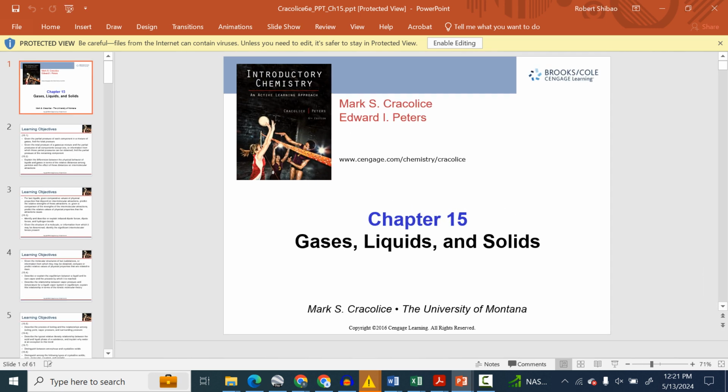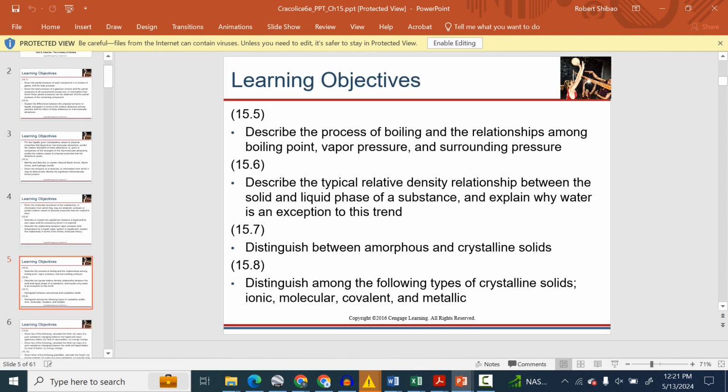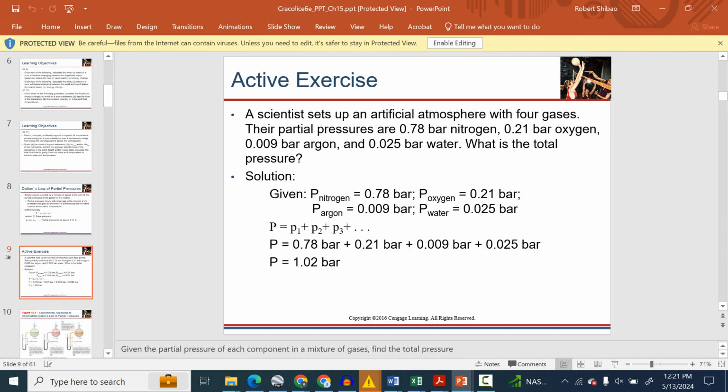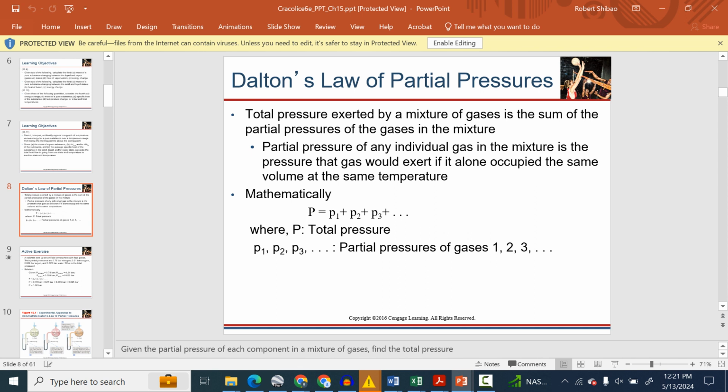Chapter 15 deals with gases, liquids, and solids. So we just talked about gases, now we're going to look at different aspects of gases here. This is a gas mixture. Dalton's law of gas mixtures.